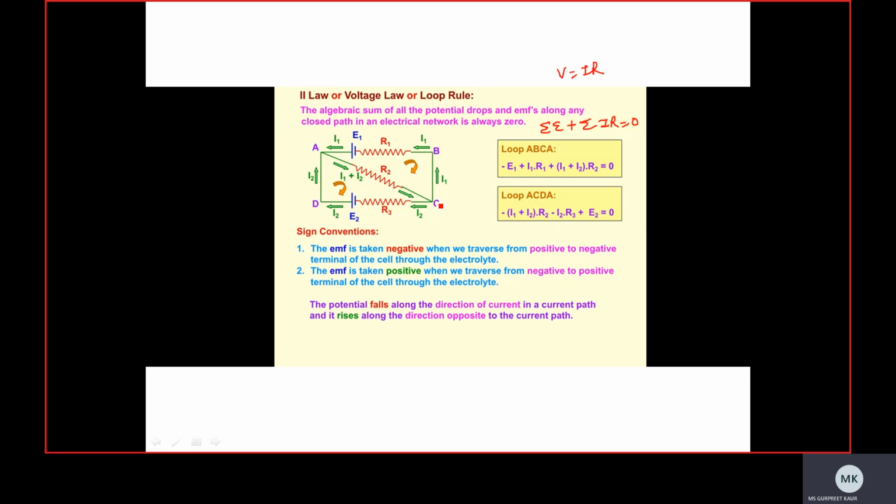If it is there in a loop, that energy is being utilized to move the charge across the resistance. So as such, no energy is created or lost in a loop. So this second law is in accordance with the law of conservation of energy.